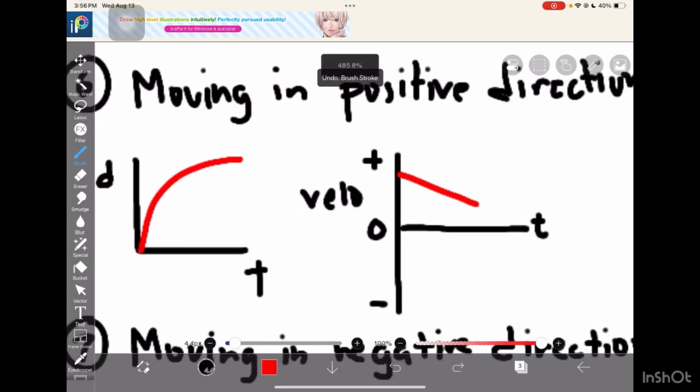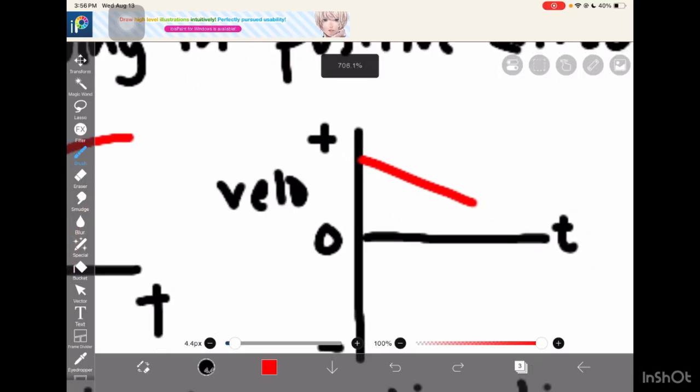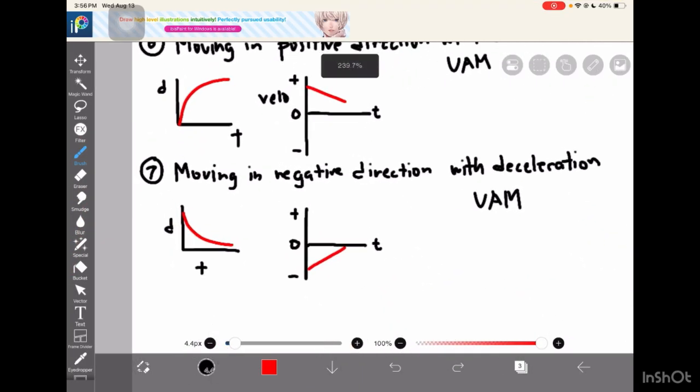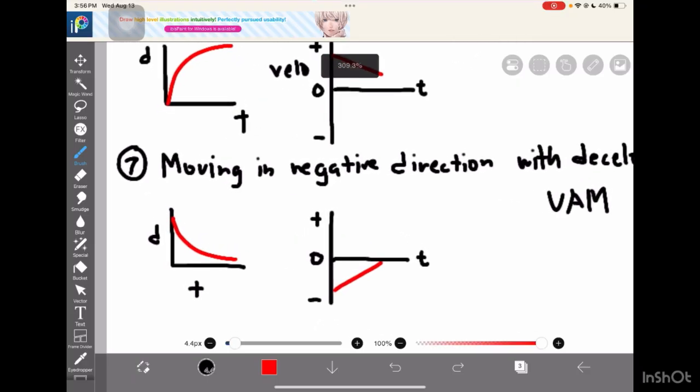So therefore, since we're using the dt graph here, that's why it starts to slow down as we approach 0 velocity. And last one, 7, moving in negative direction with deceleration.